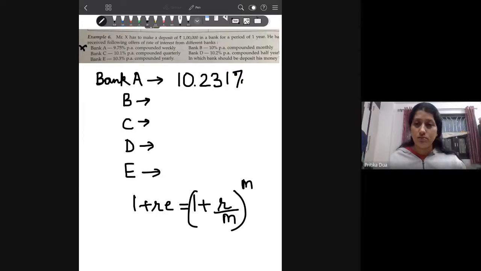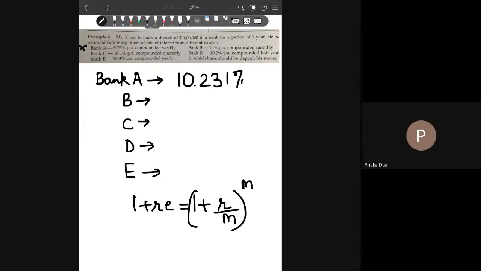Very good. Only one student is solving. What happened? What about others?